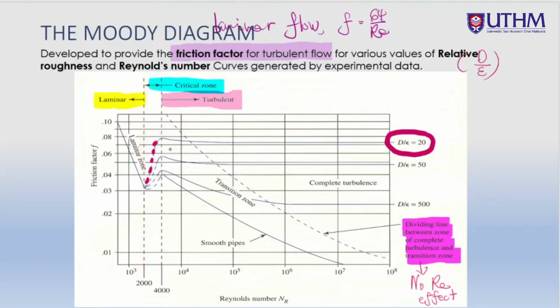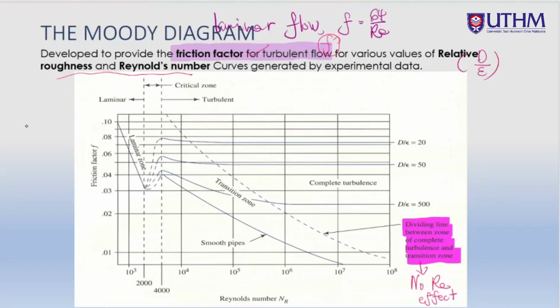Tak apa, saya buang balik color-color ni, saya explain balik lah. Okay, kalau kita tengok dekat sini, this is an example of a Moody diagram in which it is actually developed untuk kita dapatkan value of friction factor. This value of F for various relative roughness and Reynolds number.